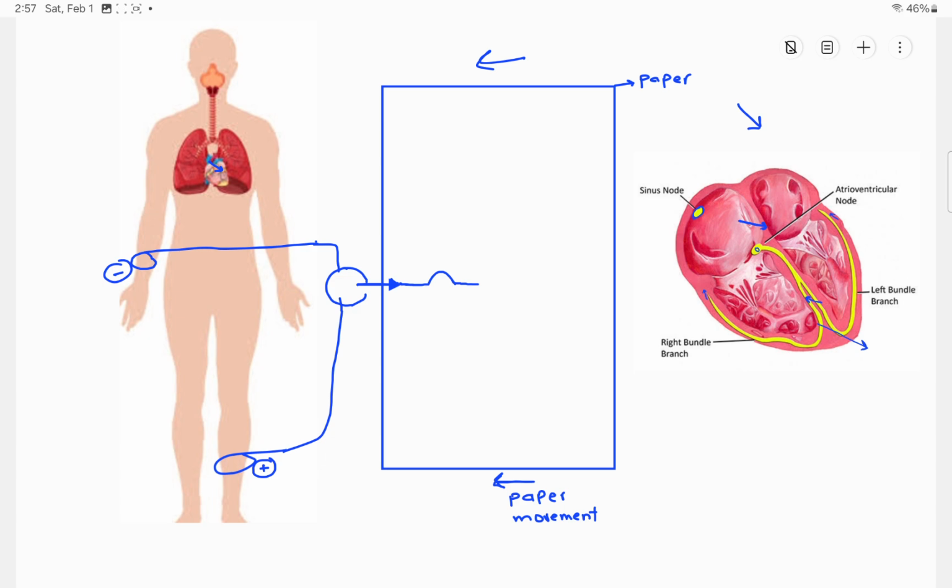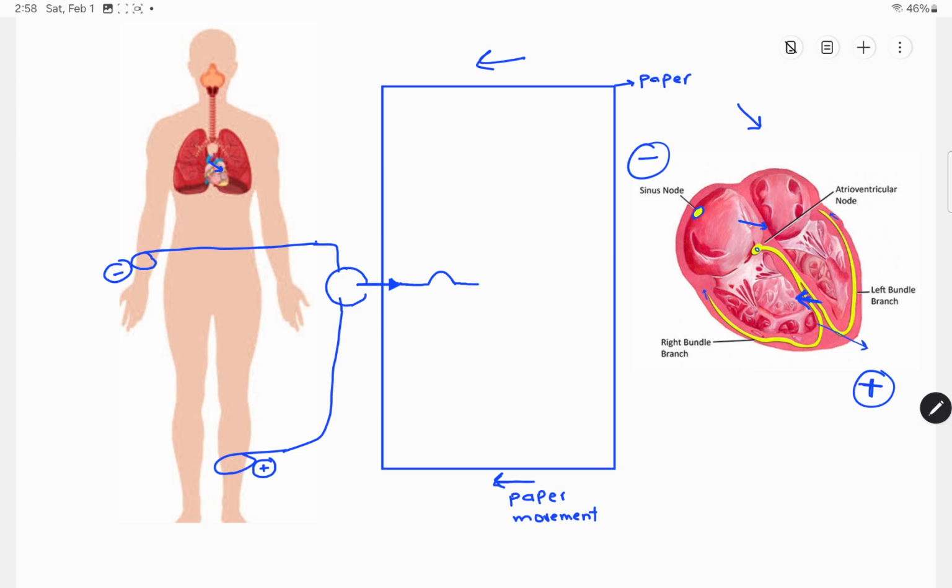Now after passing through the AV node, it will enter the Purkinje cells, and first the electrical activity will happen in the interventricular septum. In the interventricular septum, if I draw the positive and negative, this vector is fast and small, but it is moving away from the positive.